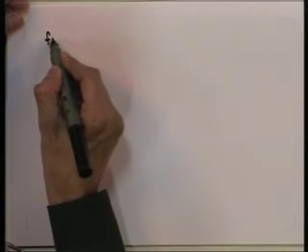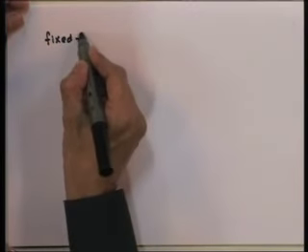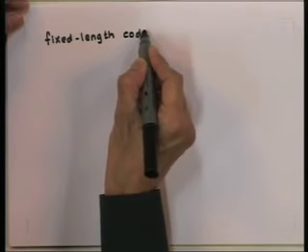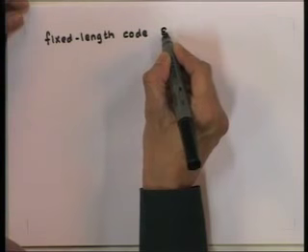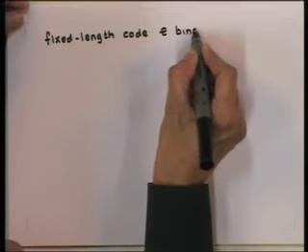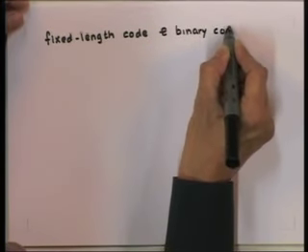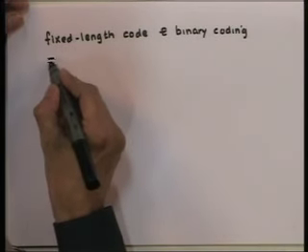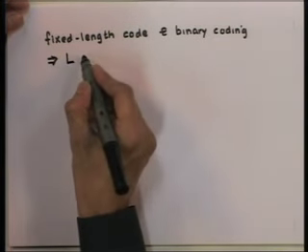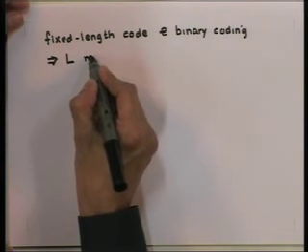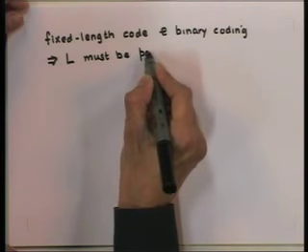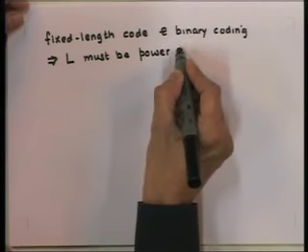Now, assuming fixed length code and binary coding implies that L must be a power of 2.